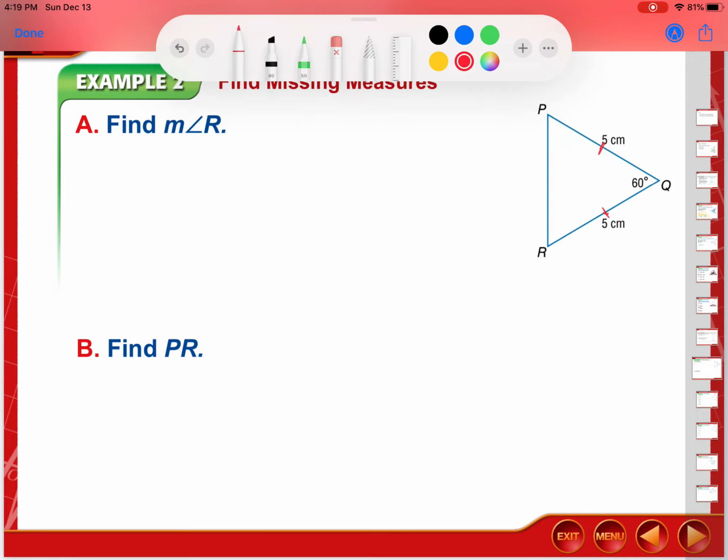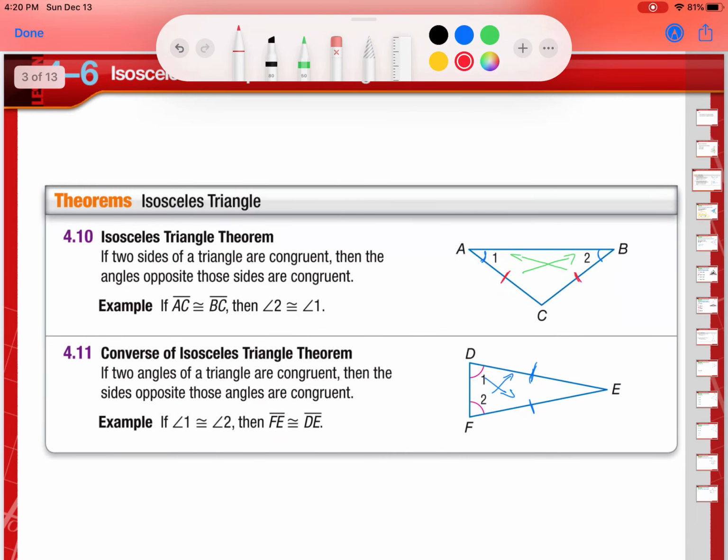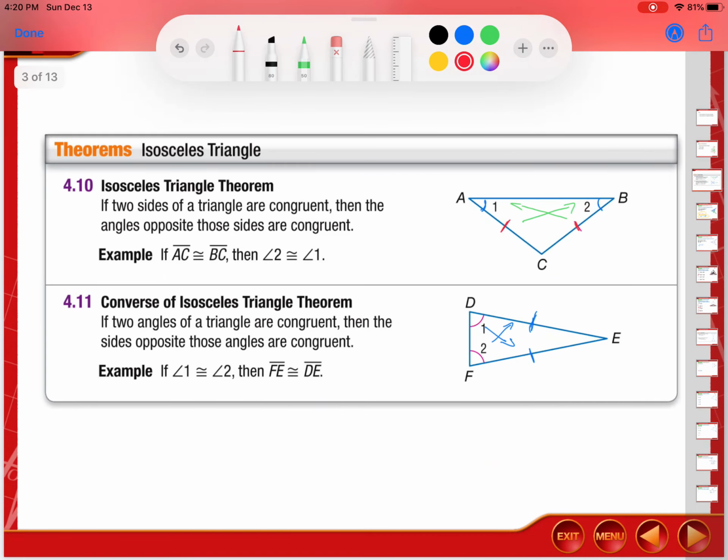Now, what I notice straight away is we have two sides that are the same. So I know this is at least an isosceles and maybe an equilateral triangle. So what our isosceles triangle theorem says, or no, is it the converse that I'm talking about? I forget which one.